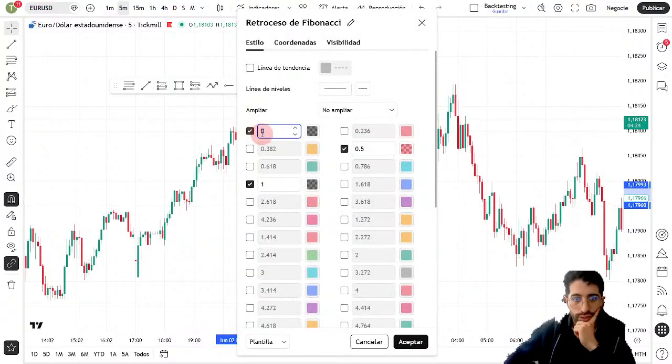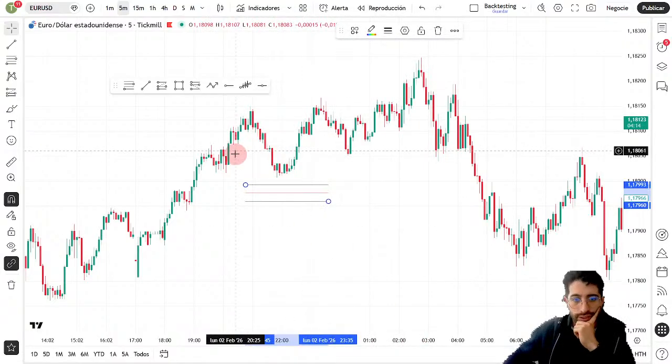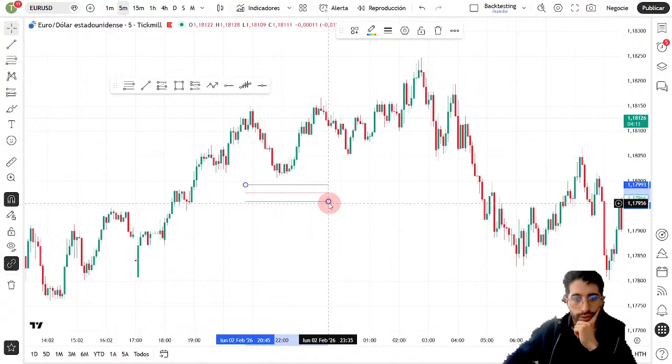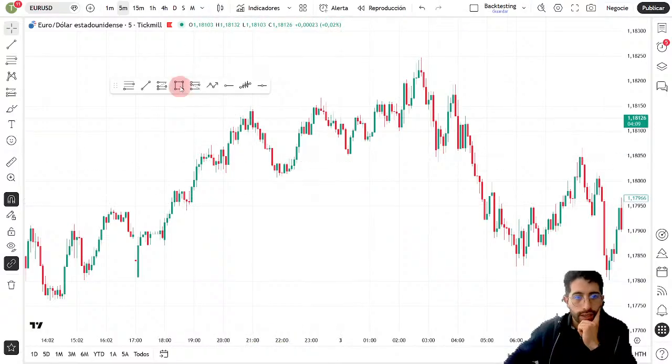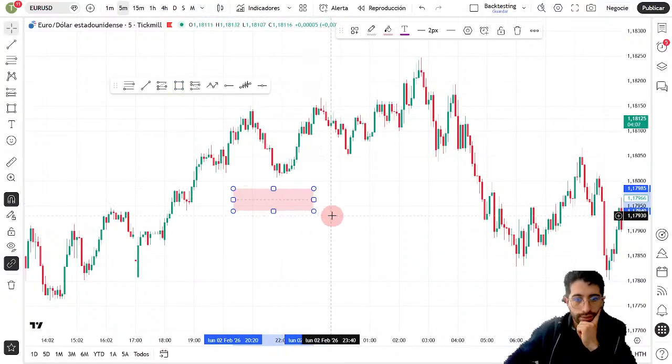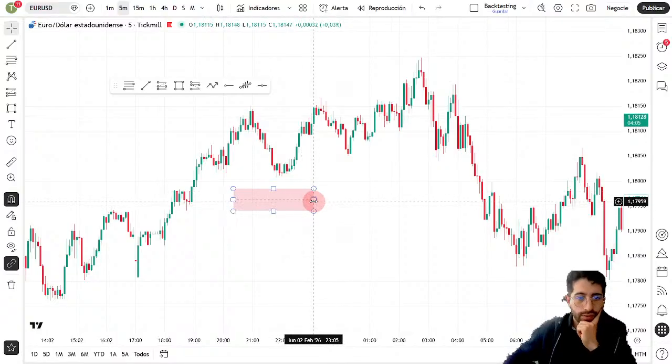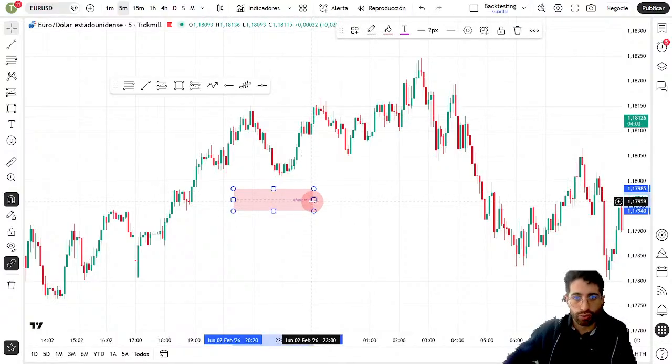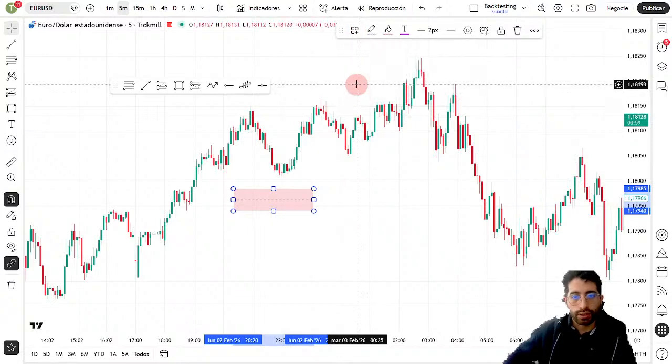I just use the 0%, the 100%, and then the 50%. Just these three things, and with that I have this tool, which is the one I use to mark my imbalances, right?